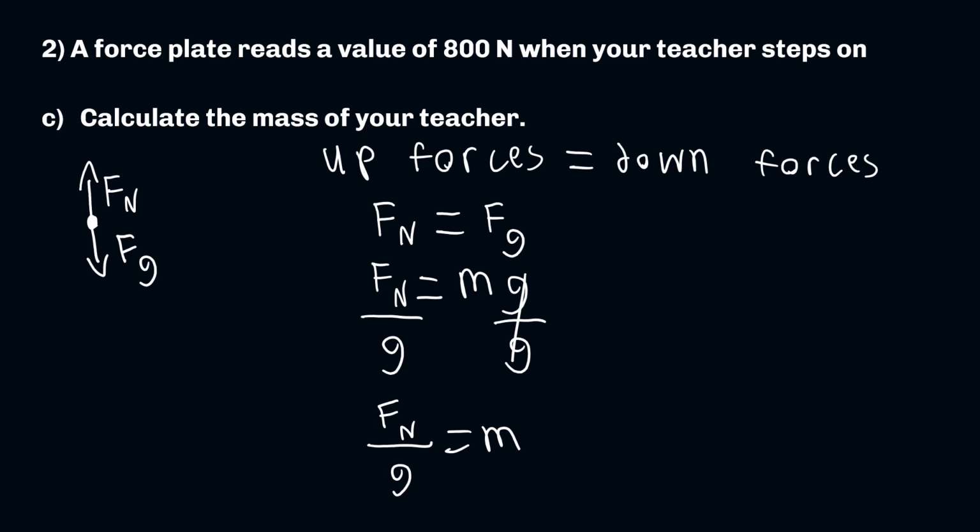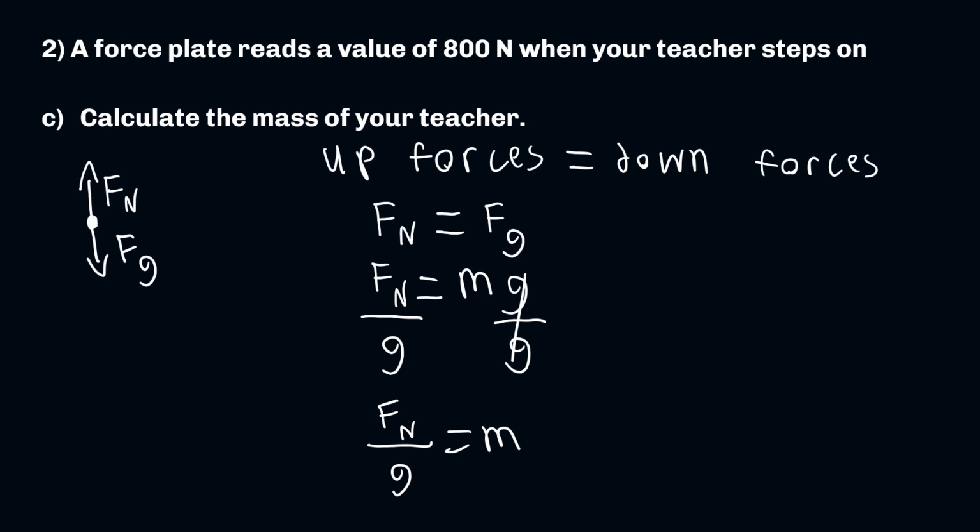Fn is going to be the value of the scale. A cool little tidbit: when you are on a scale, it is actually reading the force pushing up on you, not your actual mass or weight. So if you push down on it, it will actually go up. But go test that if you have a bathroom scale at home.